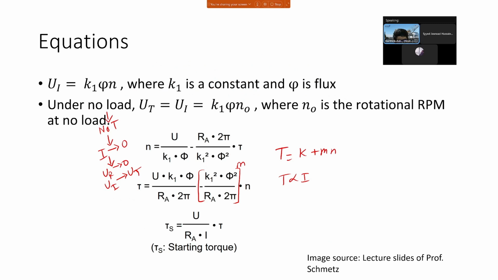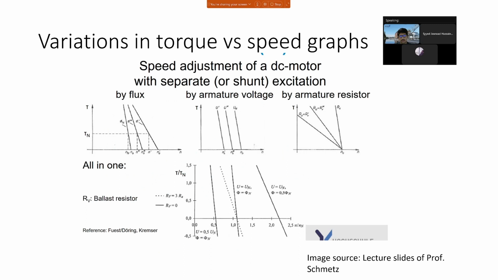Why does the N naught remain the same? Ah, yes, because N naught is independent of R_A. Right, good point. N naught, the ideal speed RPM, is not changing when you change the armature resistance.